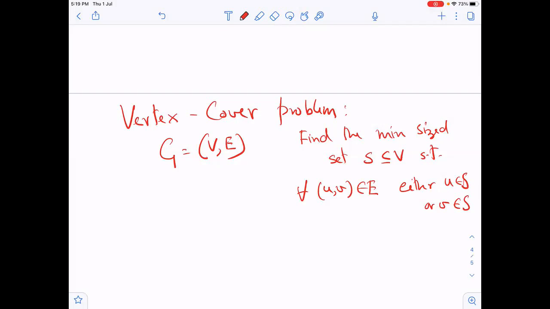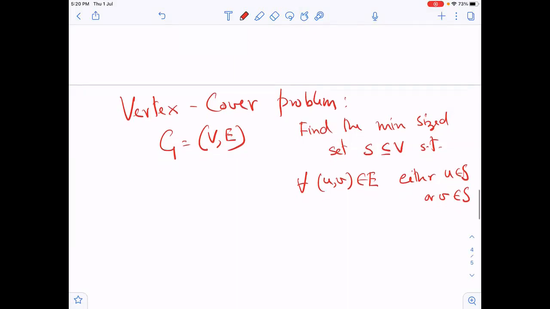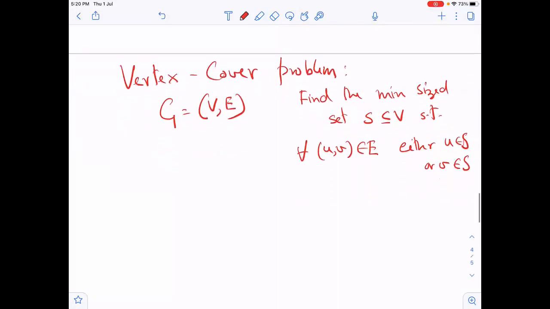Finding the minimum number of people I need to target to pass on that information is the solution of vertex cover. Vertex cover is a very important problem. The tower problem is a problem with that.